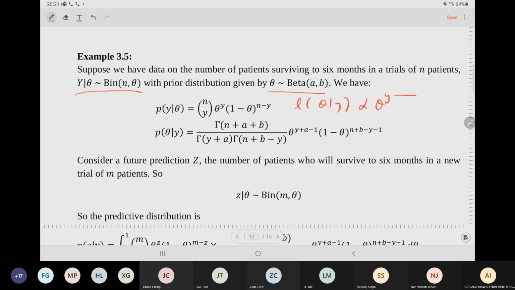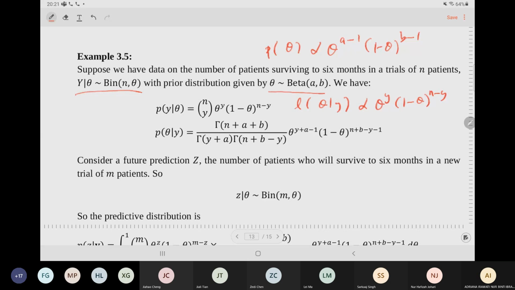So your likelihood is theta to the Y, times (1 minus theta) to the n minus Y. And your prior, P(theta), is theta to the A minus 1, times (1 minus theta) to the B minus 1. So you have your likelihood and you have your prior, and then you multiply them, and that's how you get the kernel.